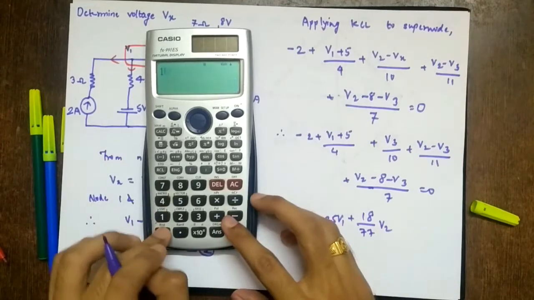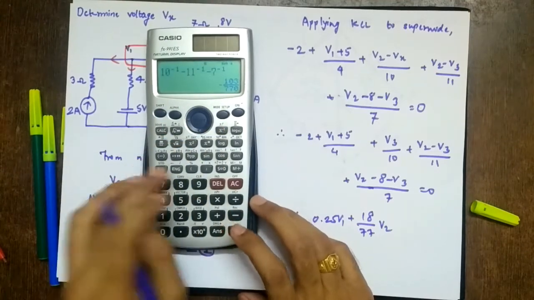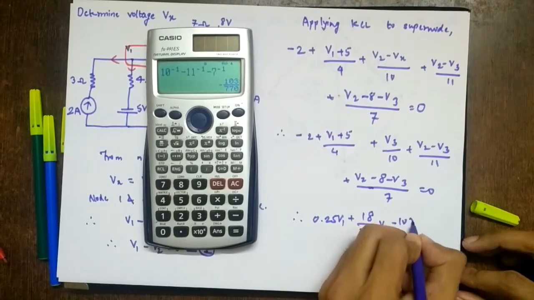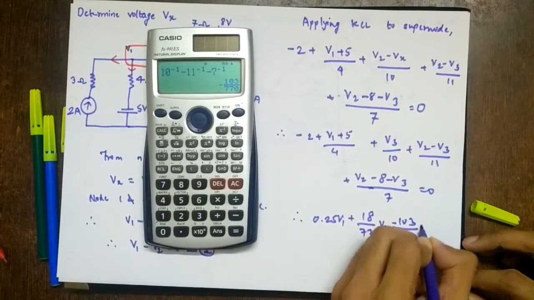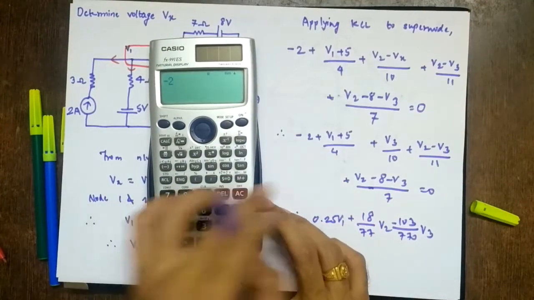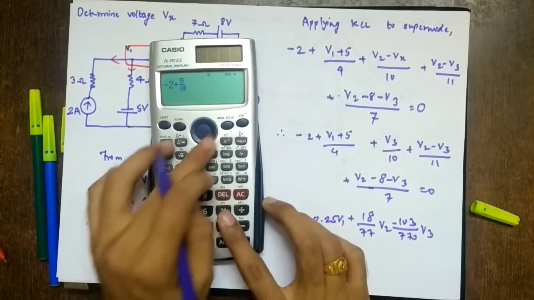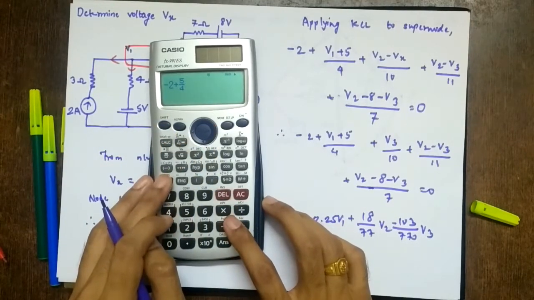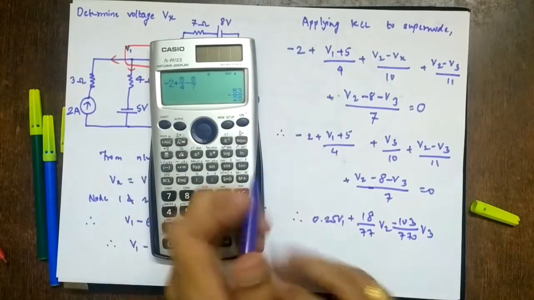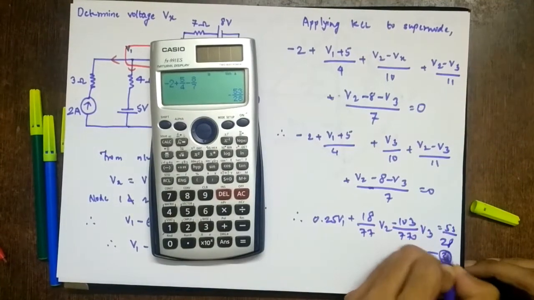Then V3 is 10 inverse minus 11 inverse minus 7 inverse, so minus 103 by 770 V3. Constant term is minus 2 plus 5 by 4 minus 8 by 7. When it comes to this side, it will be plus, so 53 by 28. This is equation number 3.